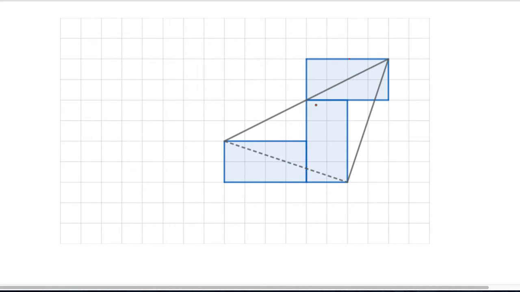Now if this side is 4, this side is 2, this side is 2 and this length is 4, so this would be square root of 16 plus 4, that is square root of 20. If this is square root of 20, this length is also square root of 20.